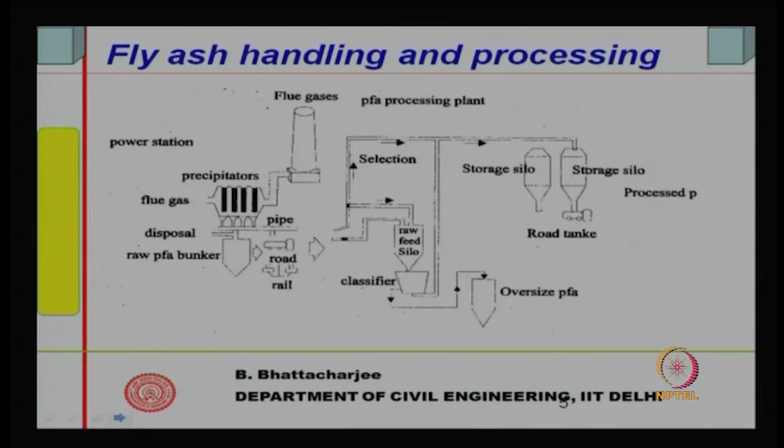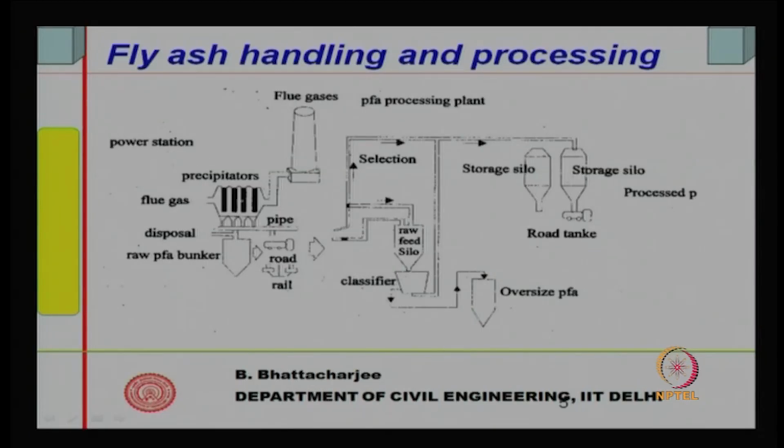Schematically, if we look at it again to understand fly ash as a material, first of all this is basically the trucks or rail or roads, basically production from the power station.